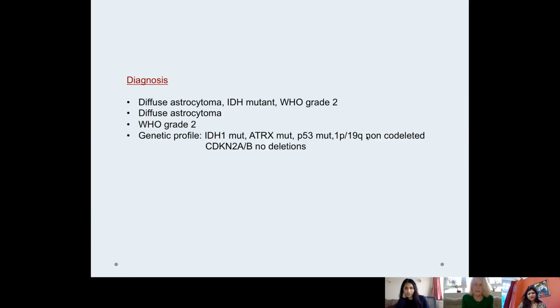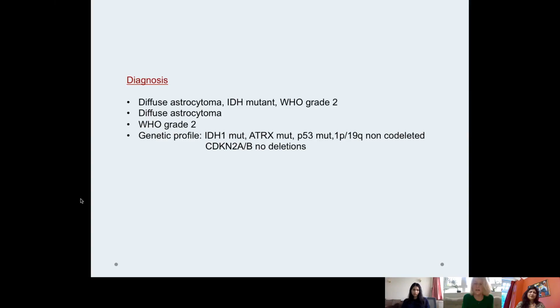Remember, this is the defining genetic feature of an oligodendroglioma, and also showed absence of CDKN2A/B deletions. Therefore, the final integrated diagnosis is diffuse astrocytoma, IDH mutant, WHO grade 2. And this is the most common tumor of adults, middle-aged adults.